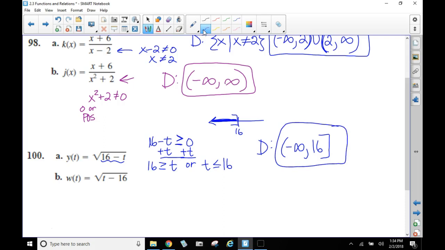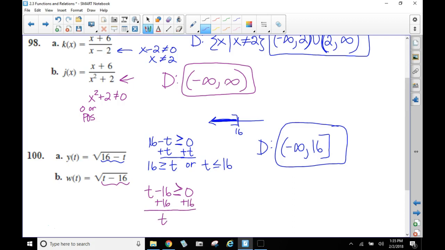All right, let's look at part B now. On this one, we're going to again take the radical, the t minus 16, and say you better stay greater than or equal to 0. As long as t minus 16 stays greater than or equal to 0, values of t can be in our domain. To solve this for t, add 16 to both sides.